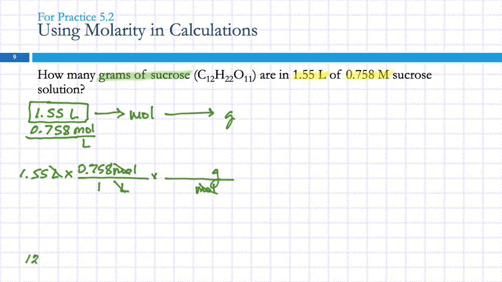So there's 12 carbons, and there are 22 hydrogens, and 11 oxygens. 12 times 12.01 plus 22 times 1.008, plus 11 times 16.